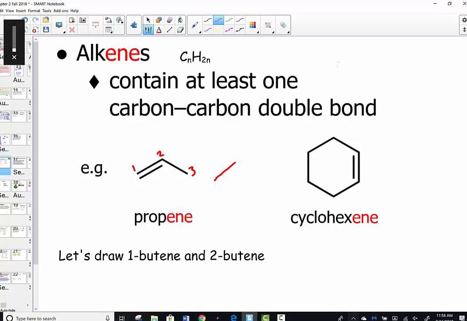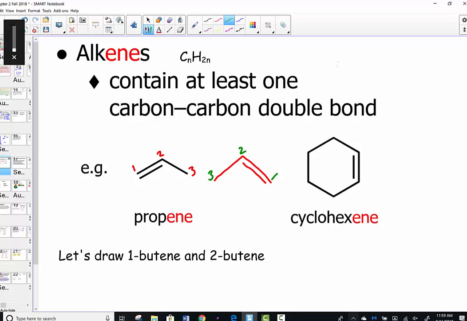By the way, is this structure in any way, shape, or form different than the first structure I showed you? Did I just take that molecule and flip it in space? It's the same exact molecule, isn't it? I'm looking at it from this side, or I'm looking at it from this side, but the numbering will always give priority to the origin of the double bond.